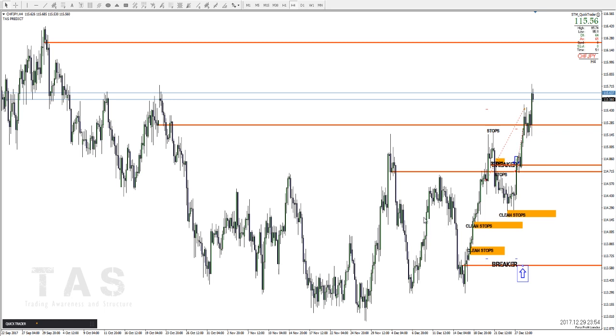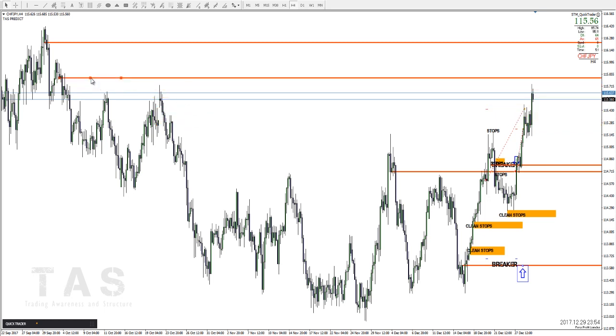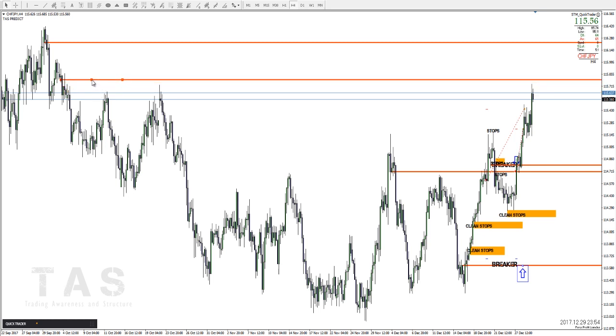So then again, now where is it going to? Why did it go there? Is there any reason for it to stop there? Probably not. Probably still going up.